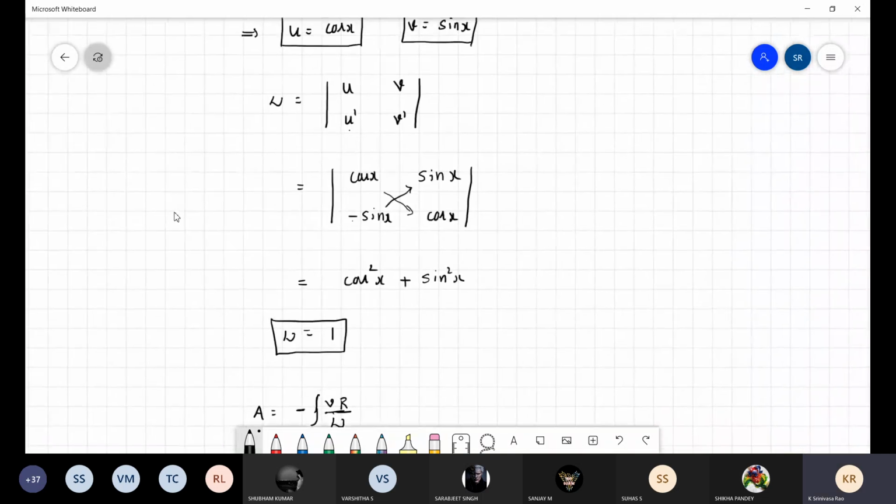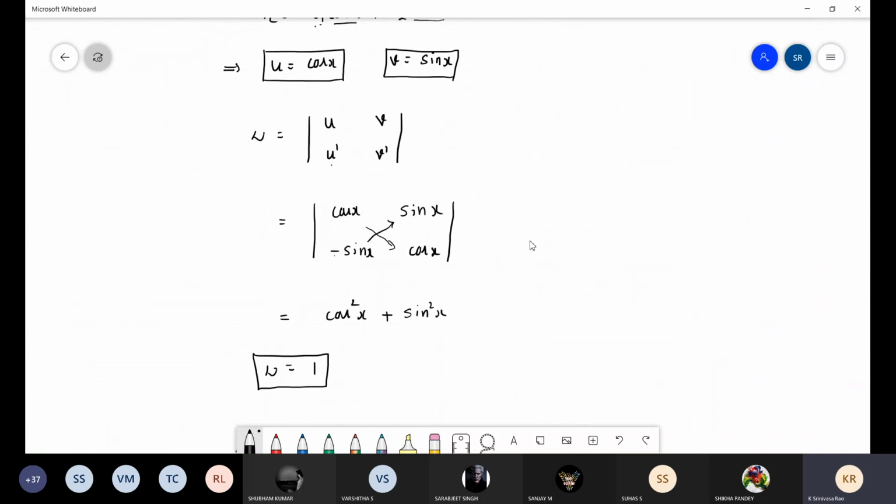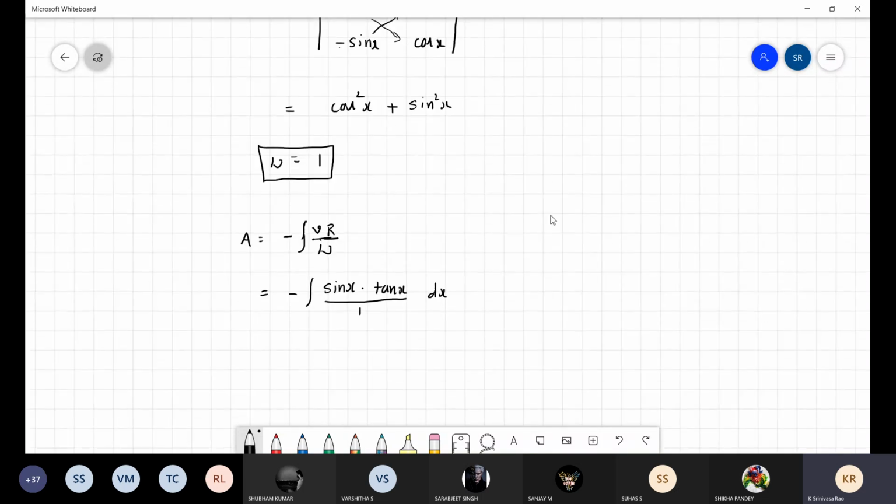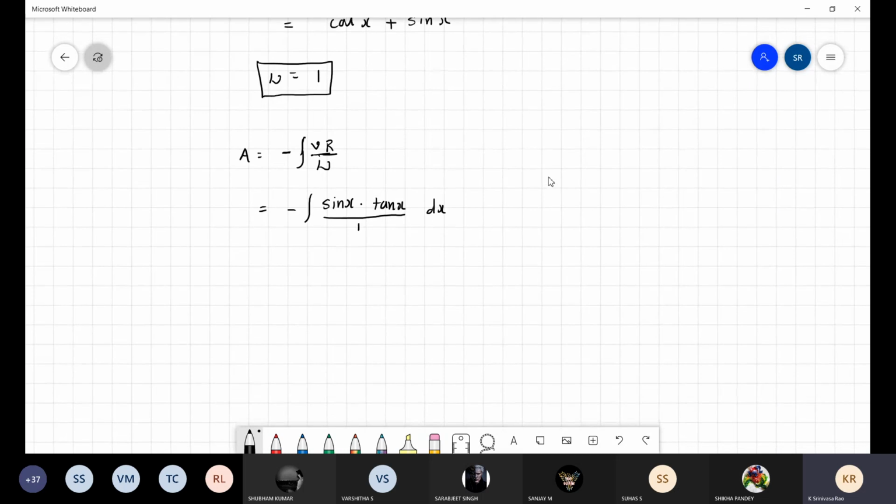What is v here? Sin x. Substitute: minus integration of sin x into R, where R stands for tan x, nothing but the RHS of the function, that is phi of x. Omega is 1, and we integrate with respect to x because the function is in terms of x only.